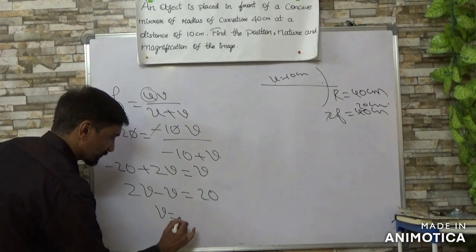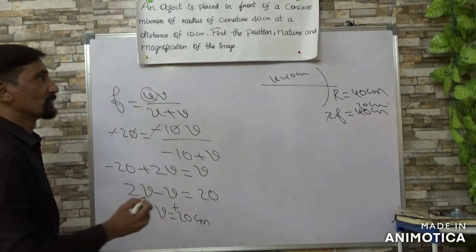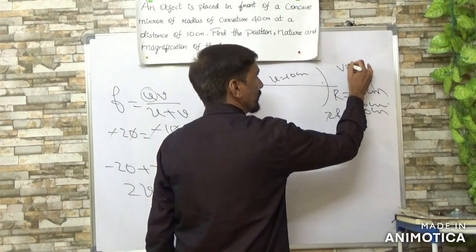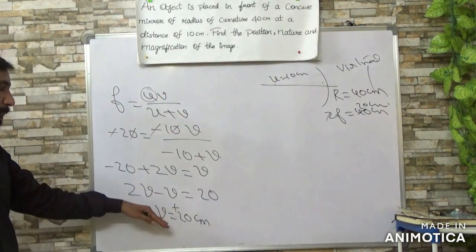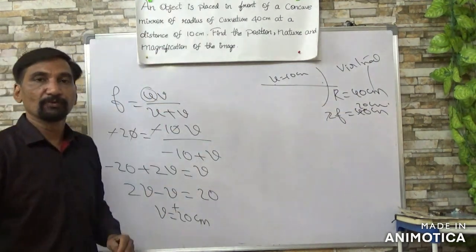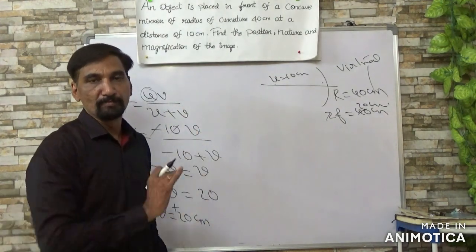So v becomes plus 20 centimeters. That means the image is forming behind the mirror, which is nothing but a virtual image. Remember, whenever you get positive, we say it is behind the mirror. If you get negative, it is in front of the mirror.